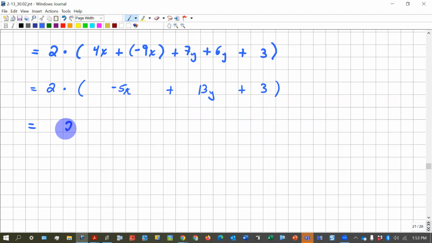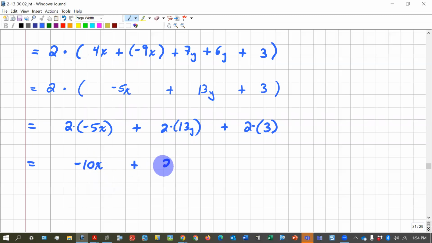So now I can distribute my 2. 2 times negative 5x plus 2 times 13y plus 2 times 3. And each of those multiplications has to be done before we add. So we can cheat and we can do all 3 of the multiplications at once. Negative 10x plus 26y plus 6. And then those 3 terms are not like terms, so we can't add them together and we're done.